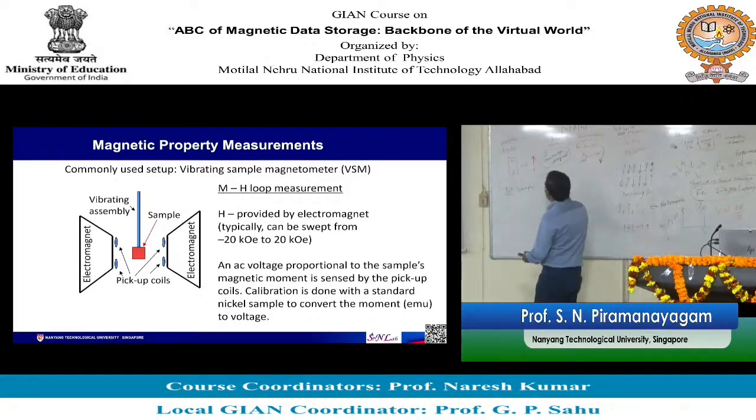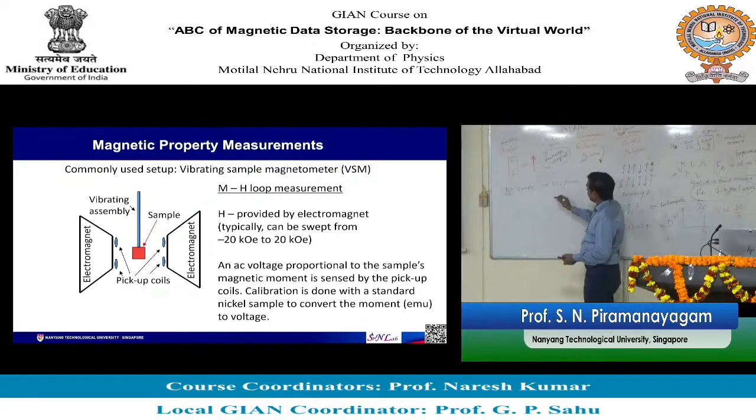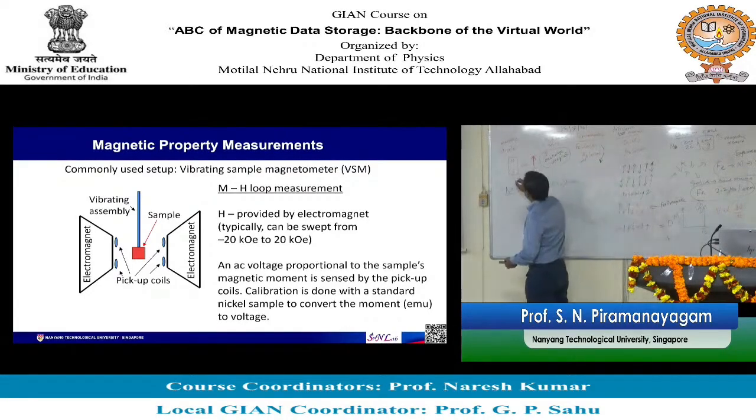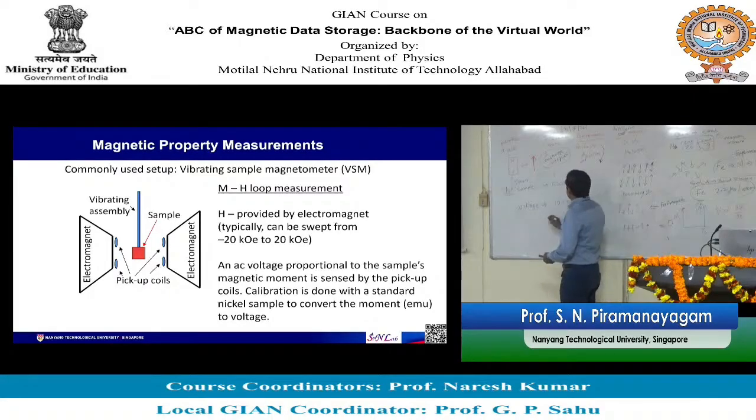Let us say this nickel sample has a 500 micro EMU. I am using the CGS unit. Okay, this known sample has 500 micro EMU. So, I place this in the VSM and I look at the voltage produced by the pickup coil. Let us say pickup coil gives me 100 millivolt.